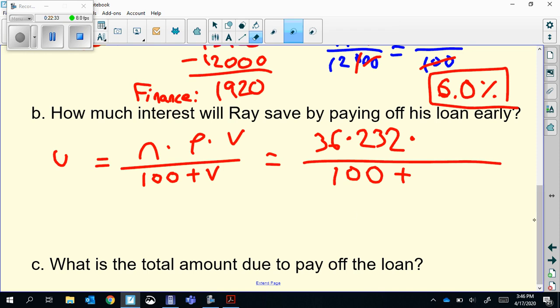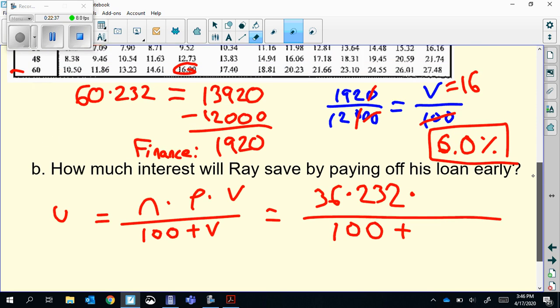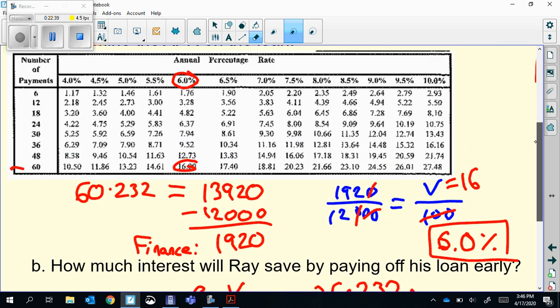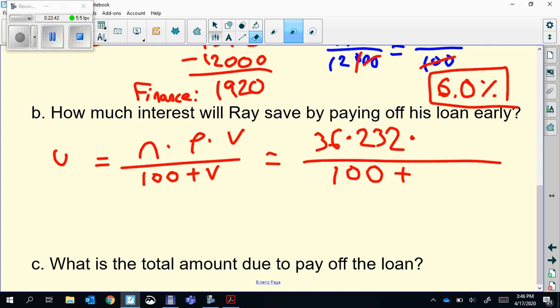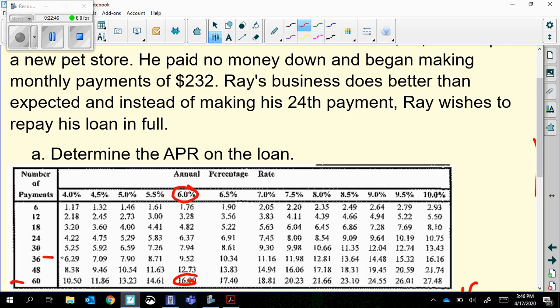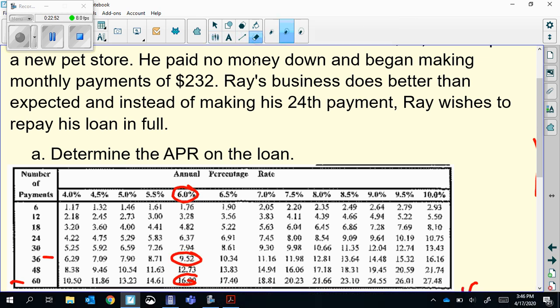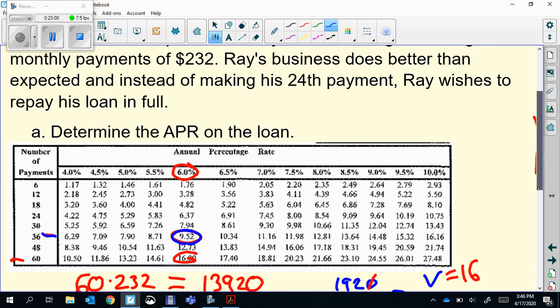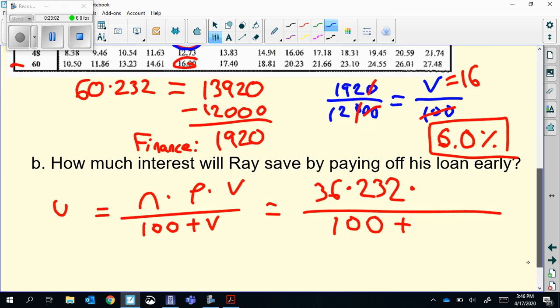So V has to use that 36 months that we just calculated, the number of months that he's shortening his loan by, and we're going to take that 6% still. 36 months, 6%. V is going to be $9.52 in this step.